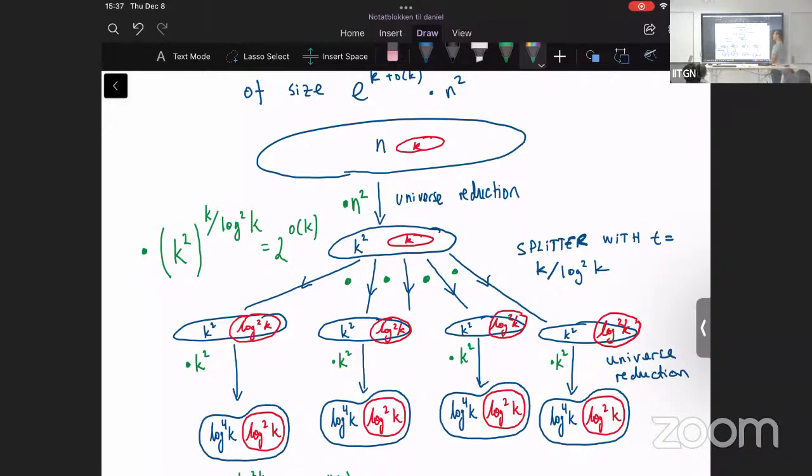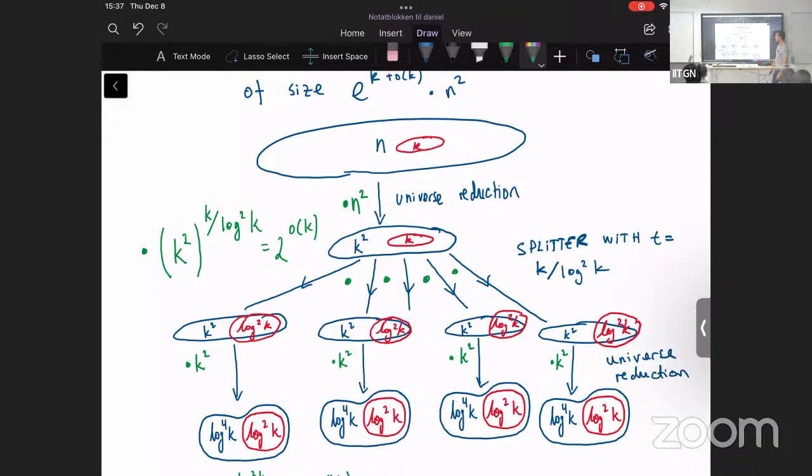Now applying the splitter lemma with a carefully chosen t, I'm going to set t to be k over log squared k. It seems like a strange number, but the reason will become apparent in a little bit.